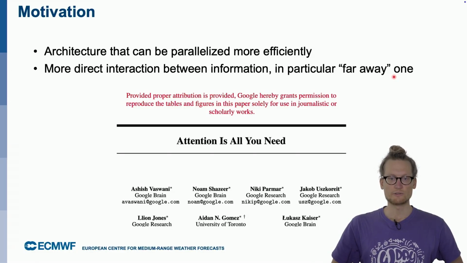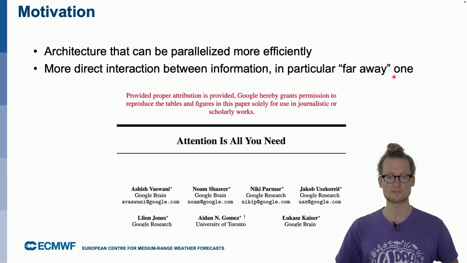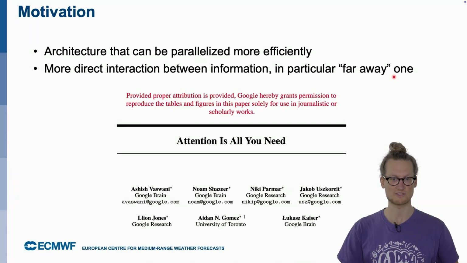So, "Attention Is All You Need". That's a paper from 2018 from Vaswani and colleagues, where they introduced the transformer, and from that point on, the transformer overtook RNNs and was considered state of the art for time series processing.